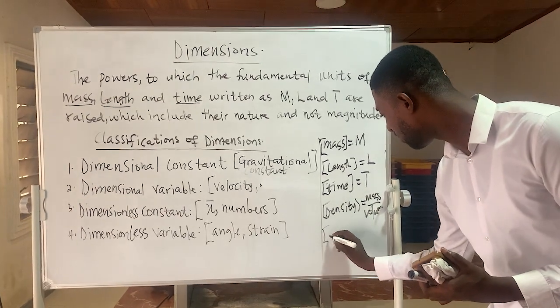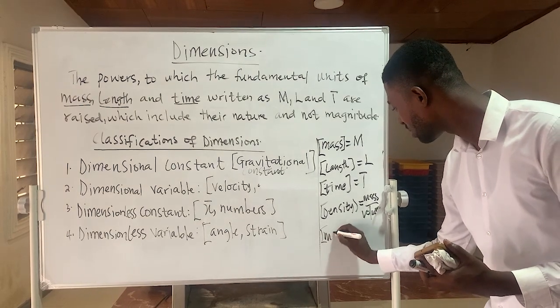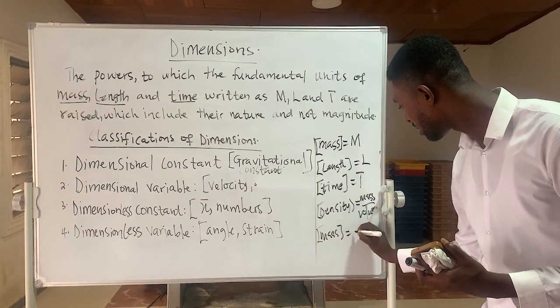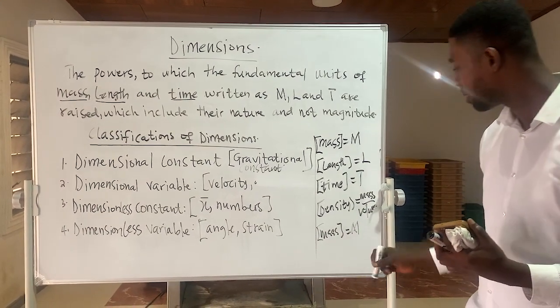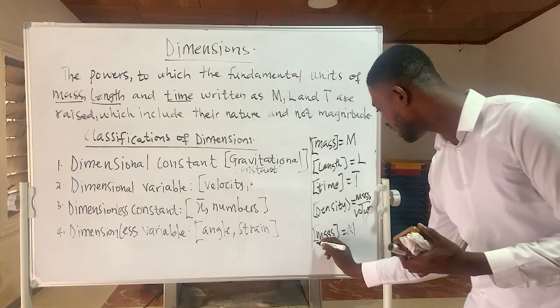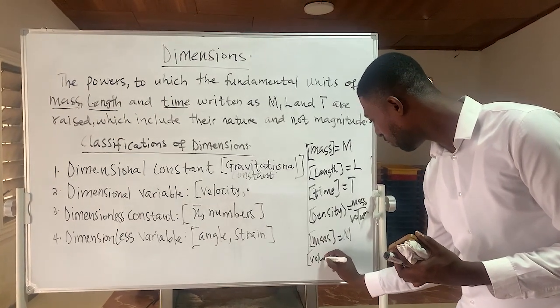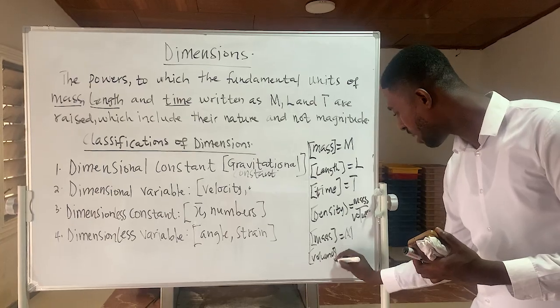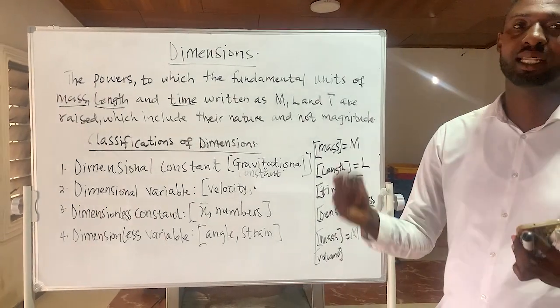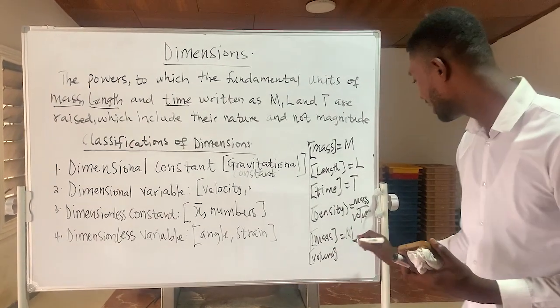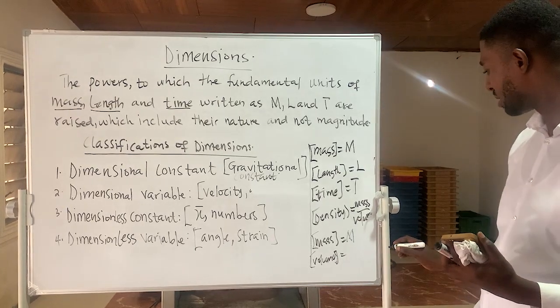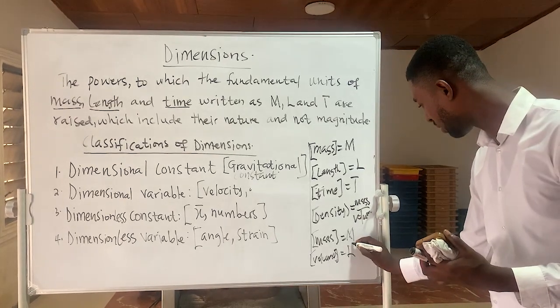The dimension for mass is capital M. Volume is length times length times length, and length is L, so we are going to have L3.